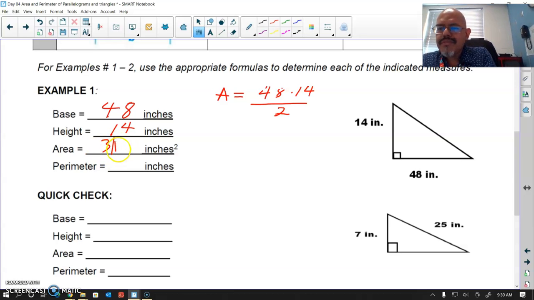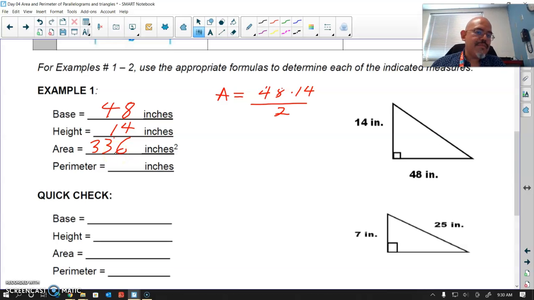So that's the area of this particular triangle.